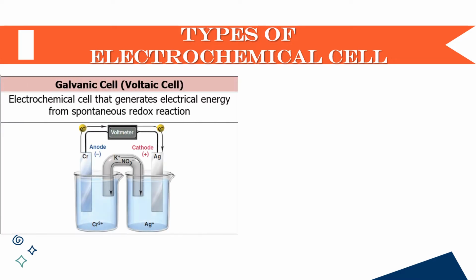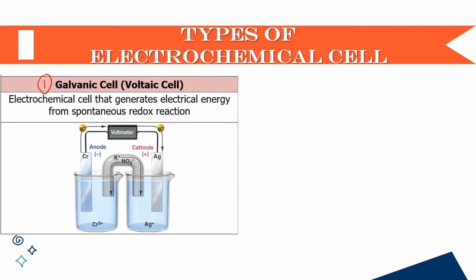The first type is the galvanic cell, or we also call it the voltaic cell. Throughout this video, you will hear me using galvanic cell or voltaic cell. If I mention either one, it's the same thing, with the same structure. A galvanic cell is an electrochemical cell that generates electrical energy from a spontaneous redox reaction.